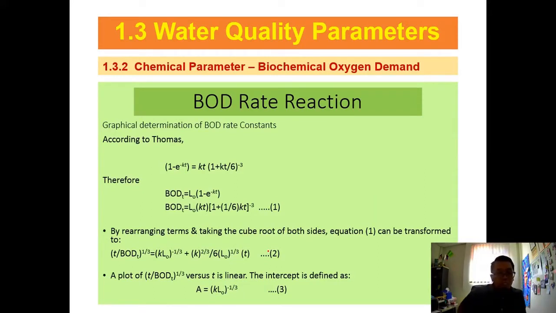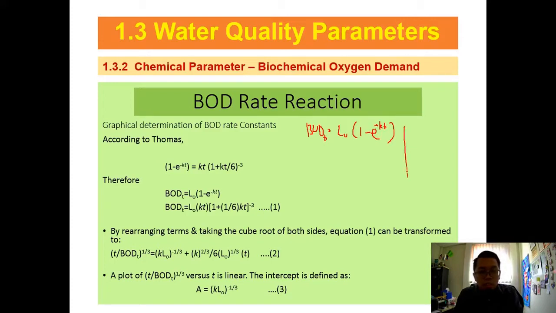Okay, so we proceed for the BOD rate reaction. Graphical definition of the BOD rate reaction. So the basic kinetic is BOD at time t equals L0, the ultimate BOD, times 1 minus e to the negative Kt.